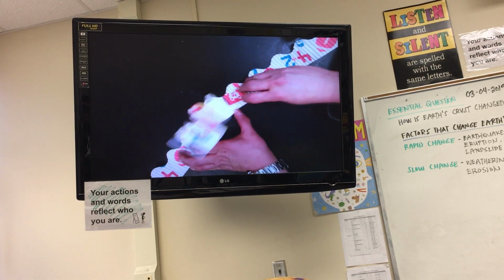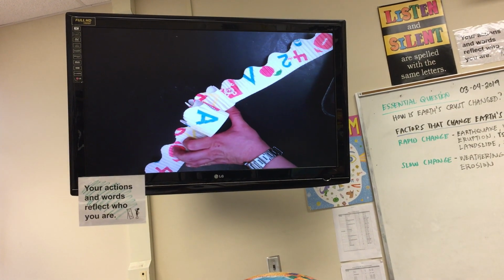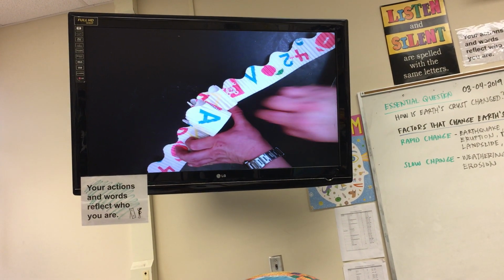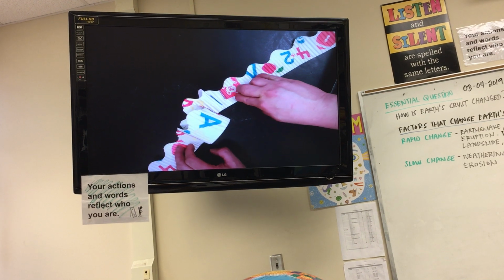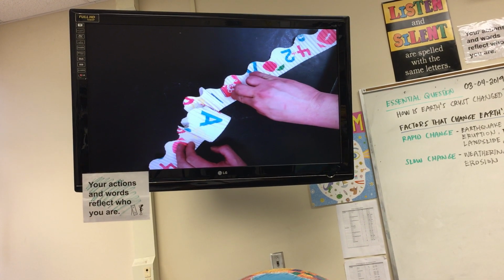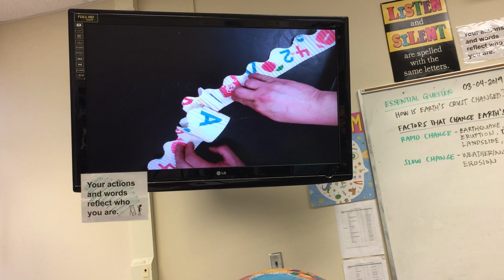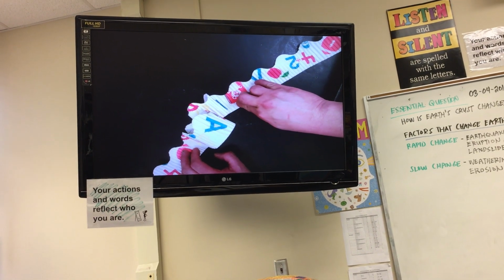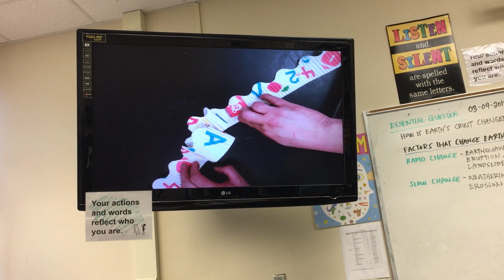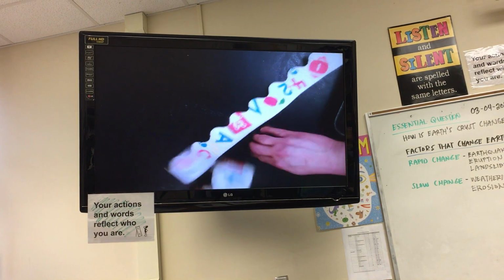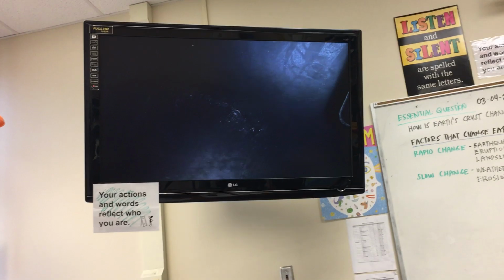And again, just like what I said earlier, neither sinks or neither one is subducted because they are both continental crust. Okay? So that is what is happening. So, now, I'll be turning off the video.